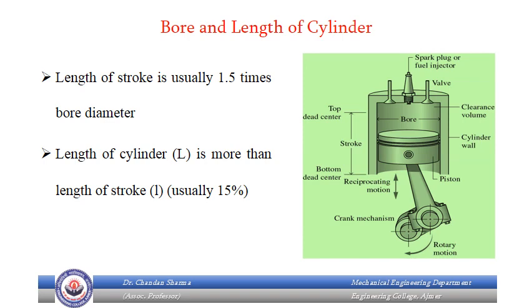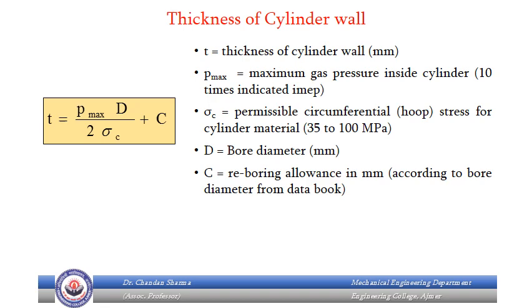Now, thickness of cylinder wall. We design the cylinder wall by considering it as a thin cylinder. We know there are circumferential hoop stress and longitudinal stress, and design stress for a thin cylinder is circumferential or hoop stress.